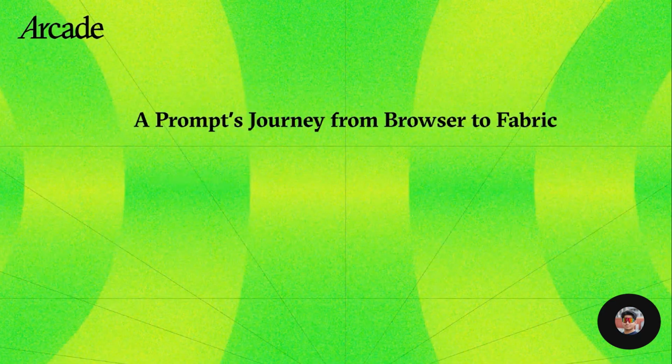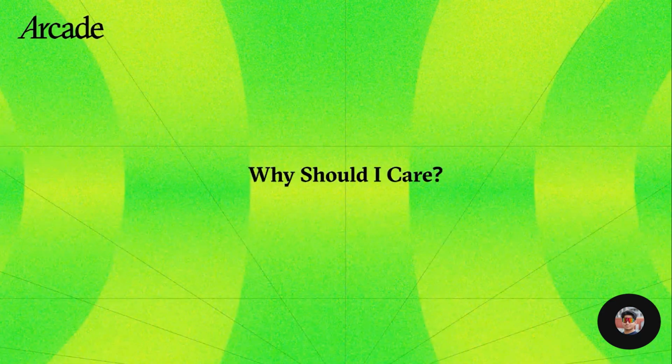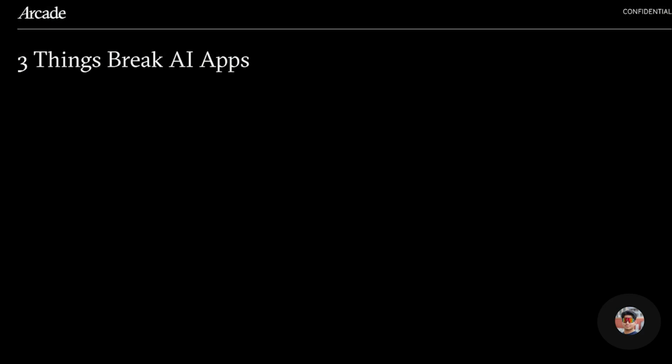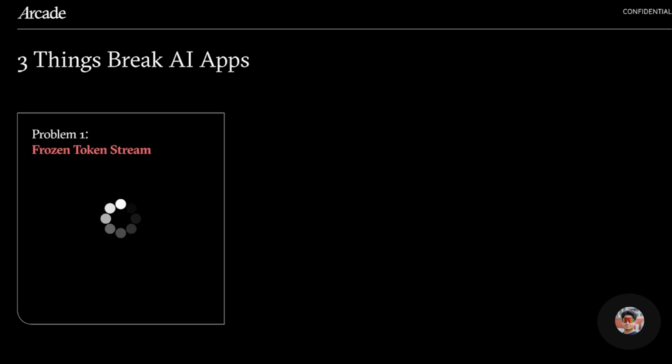So why should you care? Because of three things, right? These three things consistently break AI applications in production before model quality ever becomes an issue. The first problem is frozen token streams, right? You might be demoing an AI assistant to your stakeholders, and they might be on bad Wi-Fi.